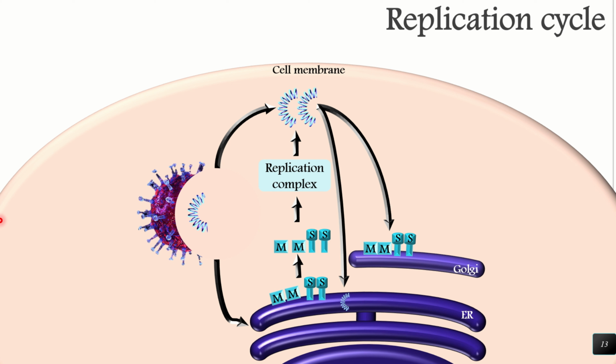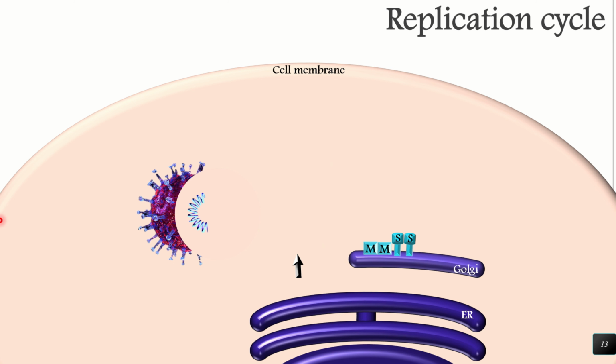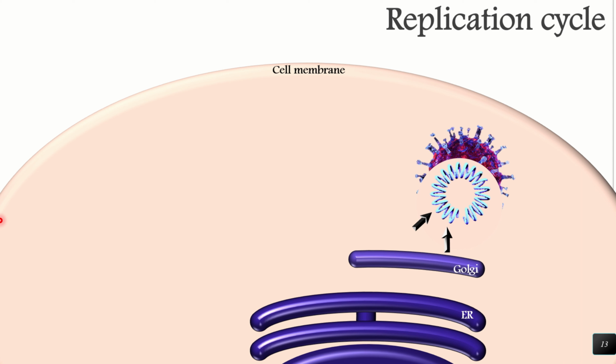Following replication and viral RNA synthesis, the viral structural proteins S, E, and M are translated and inserted into the endoplasmic reticulum. These proteins move into the endoplasmic reticulum-Golgi intermediate compartment, where viral genomes encapsulated by N protein bud into membranes containing viral structural proteins, forming mature virions.